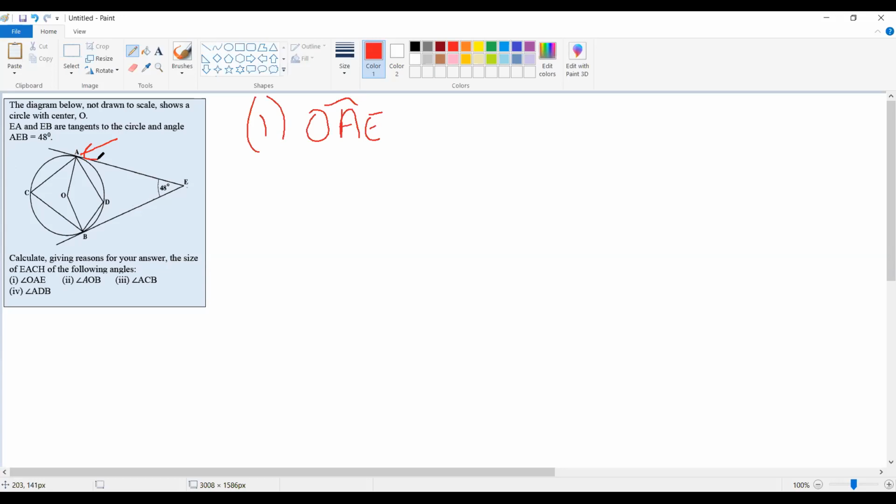Okay, and as you all can see, it's a tangent that touches the circle there, and the radius goes from the point O to the tangent.